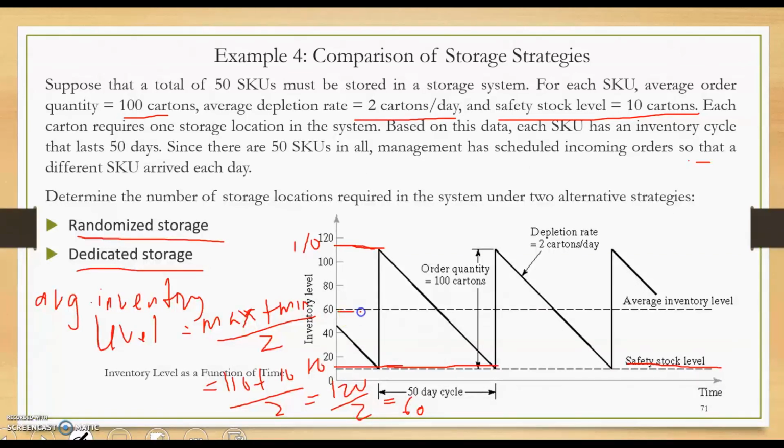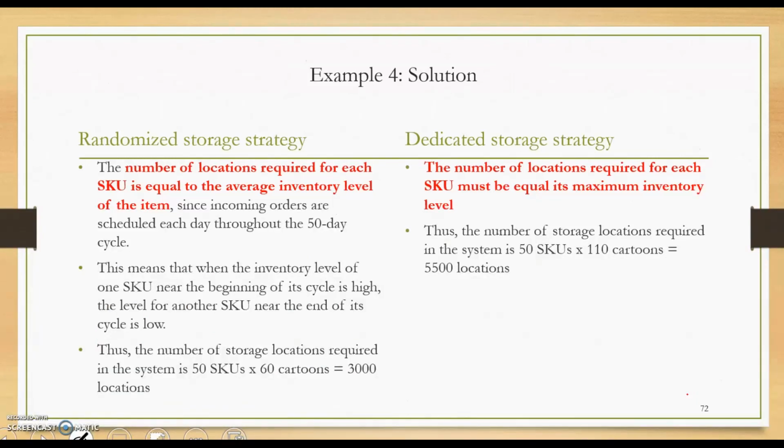That's why this line is created, to indicate the average inventory level. And then the number of storage locations required equals 50 times 60, which is equal to 3000 storage locations.